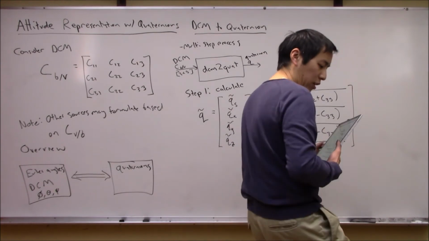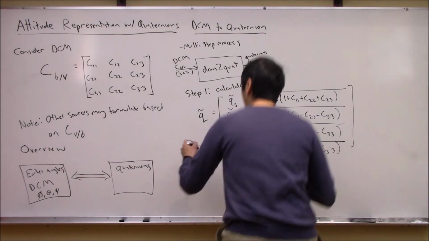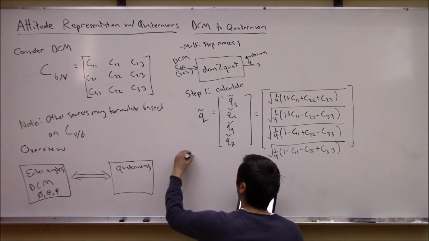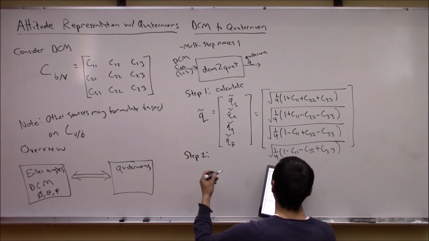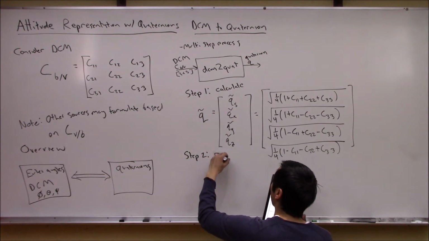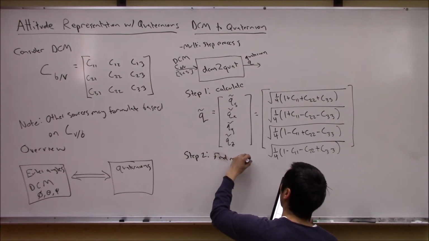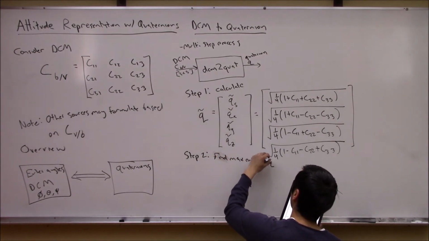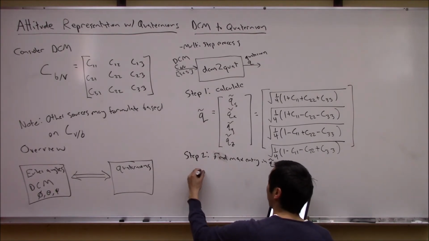Okay, the next thing, step 2, is you're going to find the max entry in Q tilde. I'm going to call this Q tilde max.